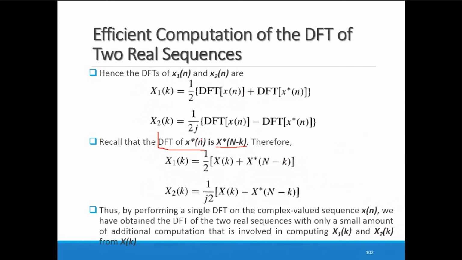This n is now replaced with the N minus k notation, and as you are doing the DFT, it is represented with capital X. So this is a general equation of DFT. When you have to calculate the DFT of the complex conjugate of x(n), the answer will be X*(N minus k).